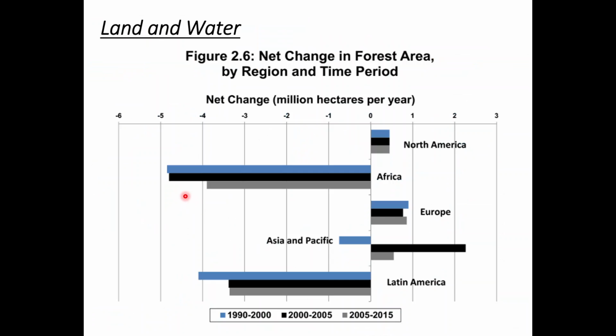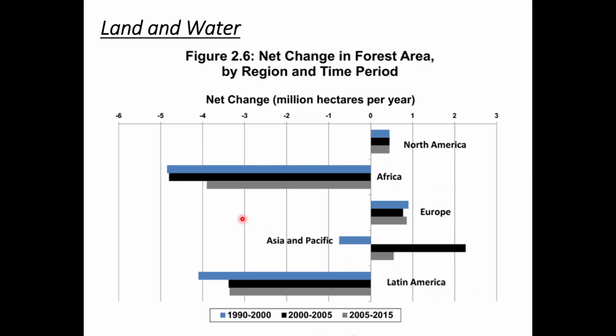Let's look at land and water. Each of these colors is a different decade. The light blue here is 1990 to 2000. The black is 2000 to 2005, so not a decade. And then the gray is 2005 to 2015, so that's the next decade. Latin America gets a lot of attention with the Amazon forest fires.